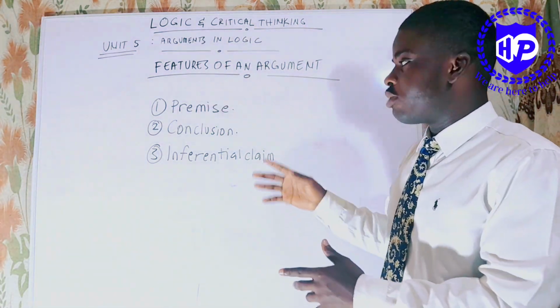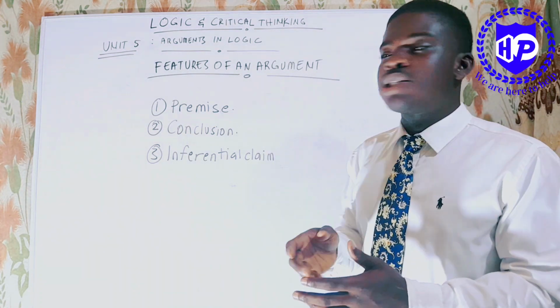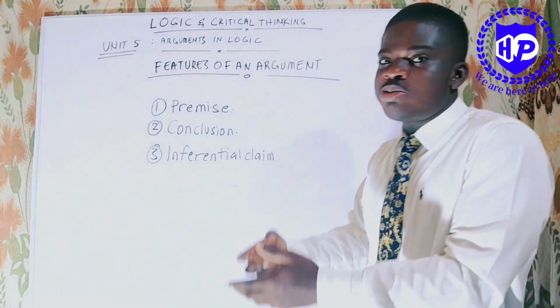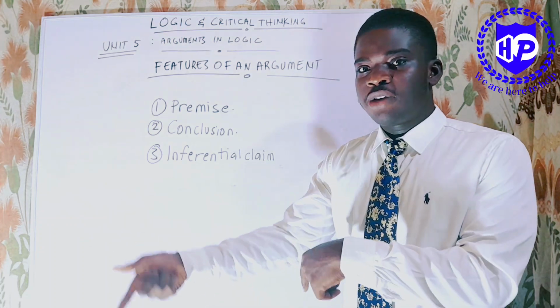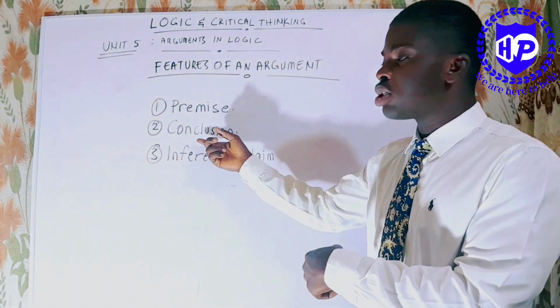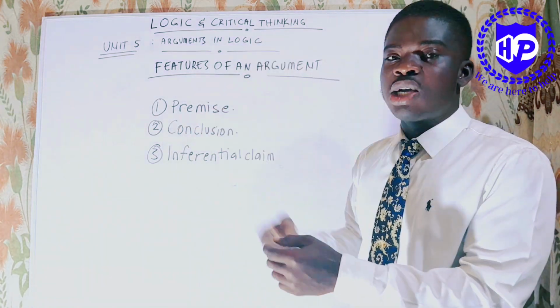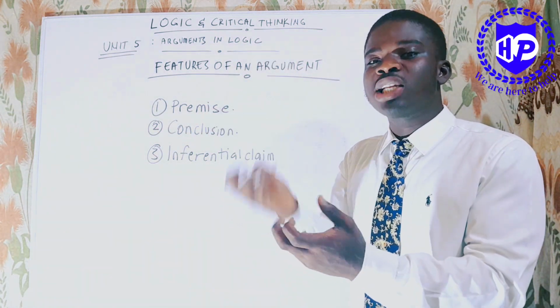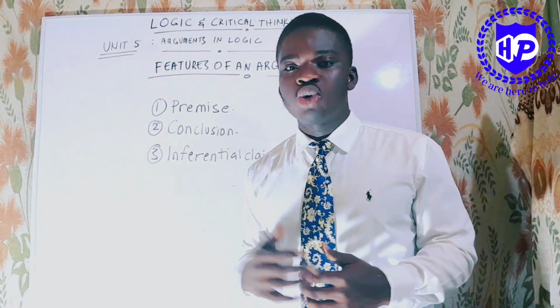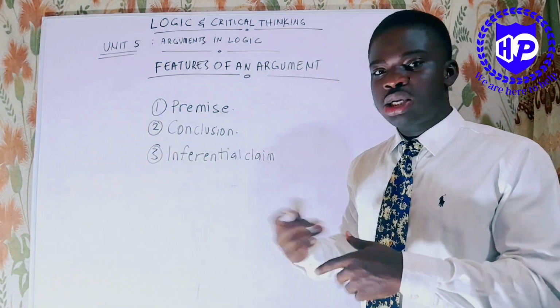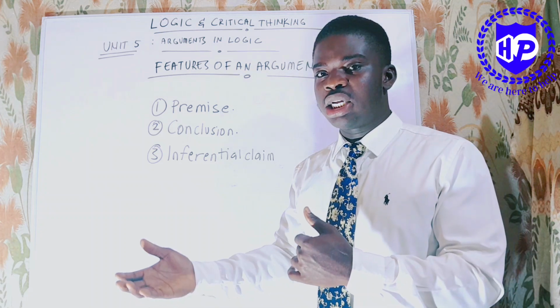Features of an argument, right? So every argument has a premise, the statement or statements that provide the evidence for the conclusion. The conclusion follows from the premise, right? You can say that the conclusion is a claim that an argument is making. Now, the inferential claim, we'll go deeper into this in the next part.